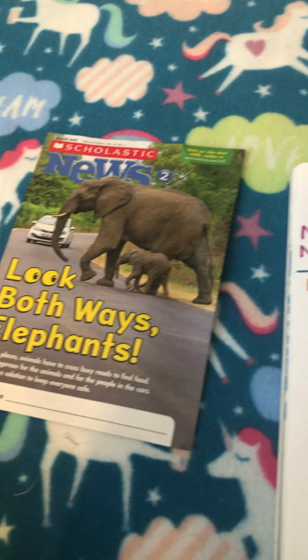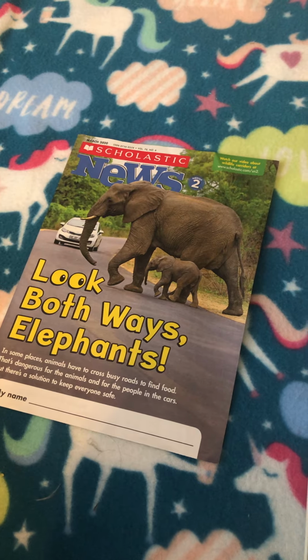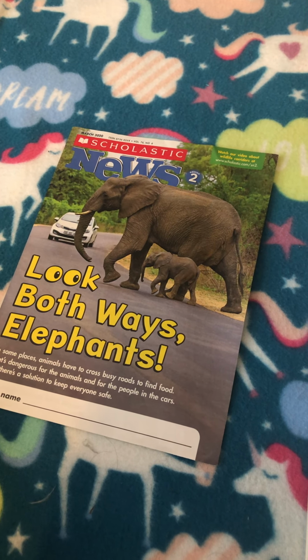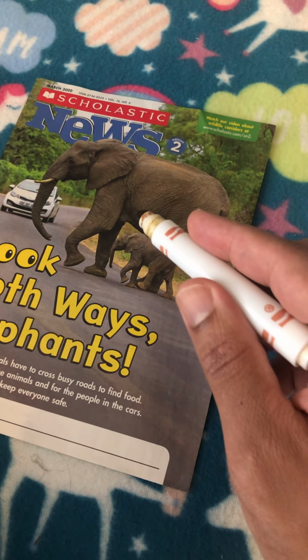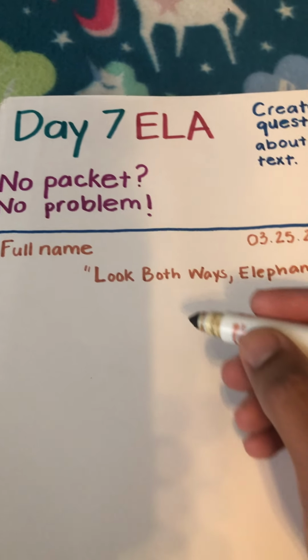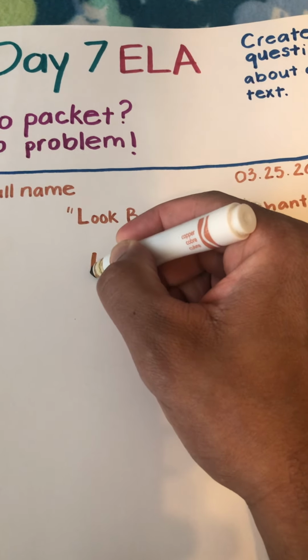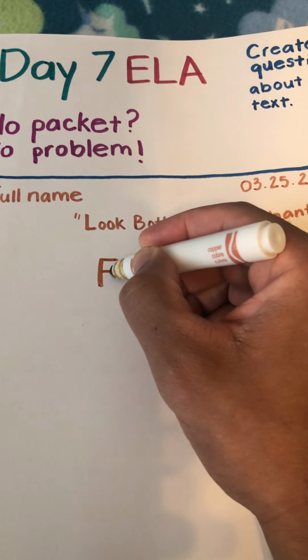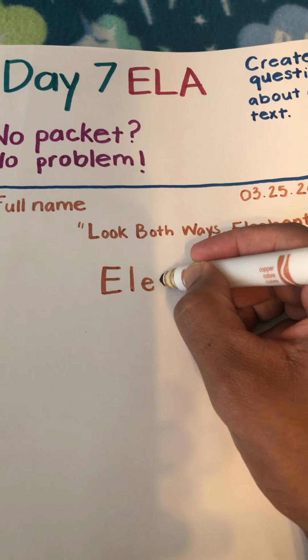So as soon as we grab a text, the first thing that I want to do is think to myself, well, what am I probably going to be learning about or finding out about in this text? In this case, I see that there are elephants right here on this front cover. So I'm going to think to myself that this text is probably going to be mostly about elephants. So I'm going to write elephants right here in the center of my page. Okay?